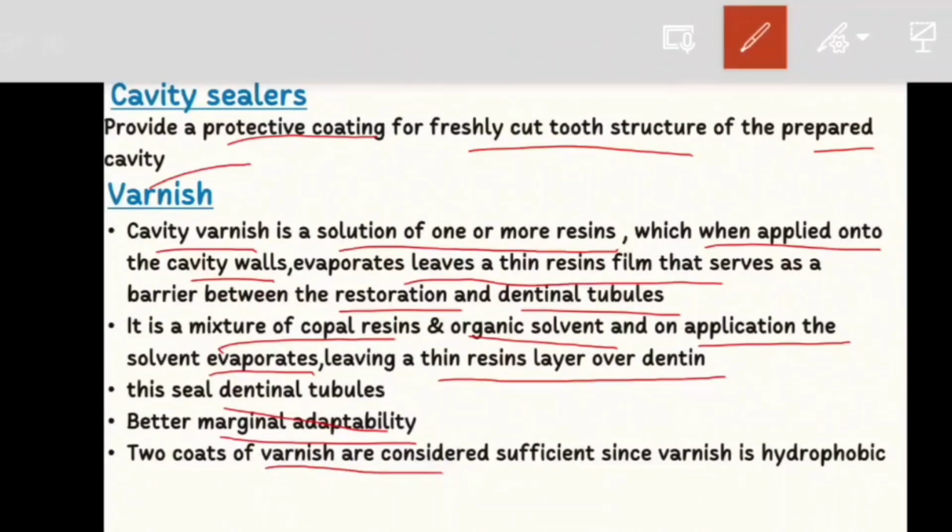Two coats of varnish are considered efficient since varnish is hydrophobic.